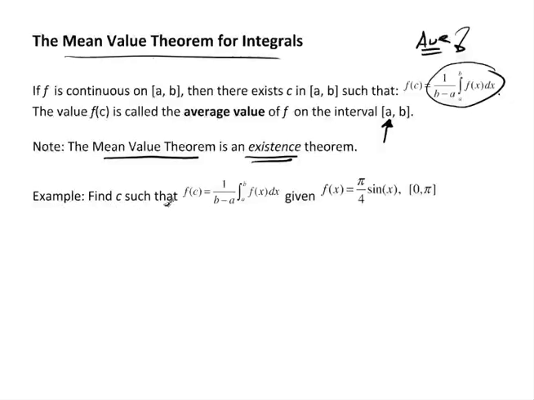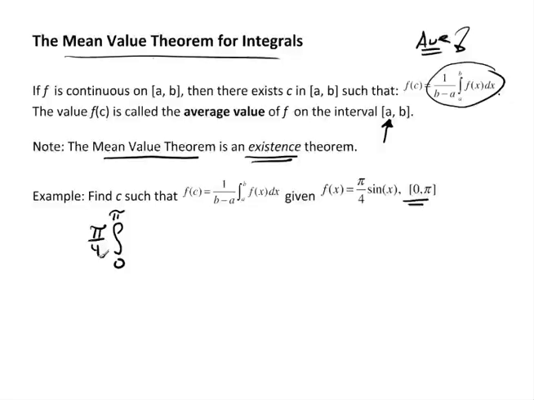I want to find c such that f(c) is equal to the average, given f(x) equals pi over 4 times sine x on the interval from 0 to pi. Well, what I want to do is take a look at the integral from 0 to pi of this function, and I'm going to pull that pi over 4 out.